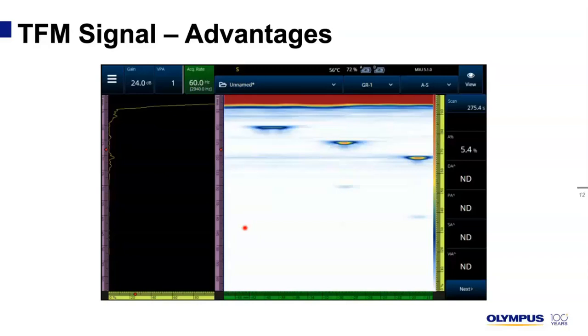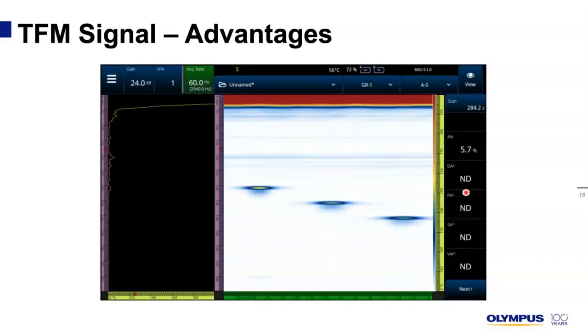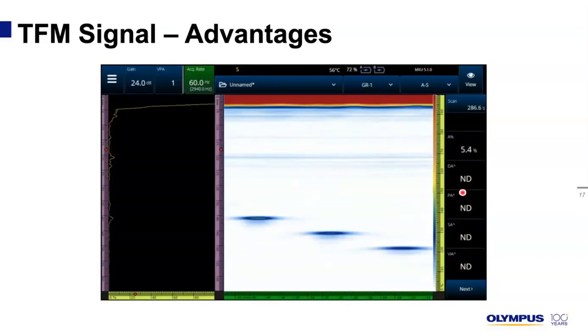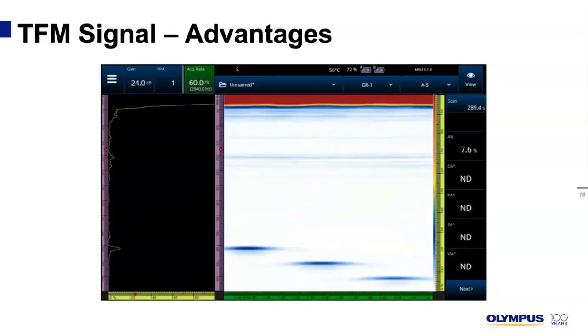The focus depth was set to 30 millimeters. Notice, as I said, that the near surface echo or main bang is quite big, and also, as we typically see with phase array, the deeper we go in the material, the resolution or the actual shape of the reflector and its amplitude starts to degrade.